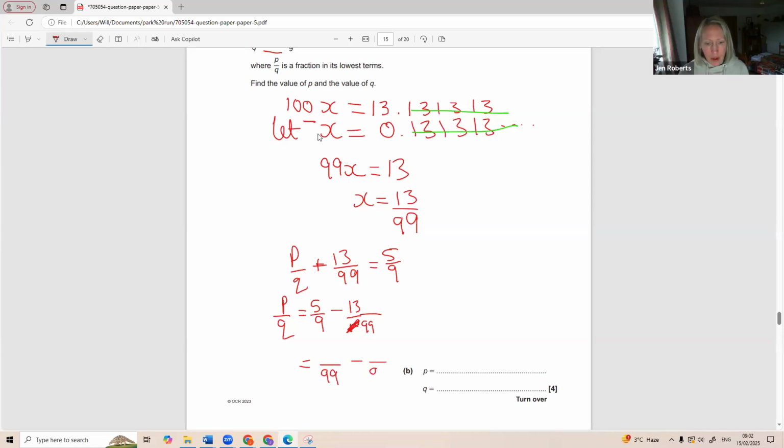This second fraction is already out of 99. I'm going to multiply that by 11. Okay, let's just do that subtraction now. 55 take away 13, 42 over 99. So P is 42 and Q is 99.